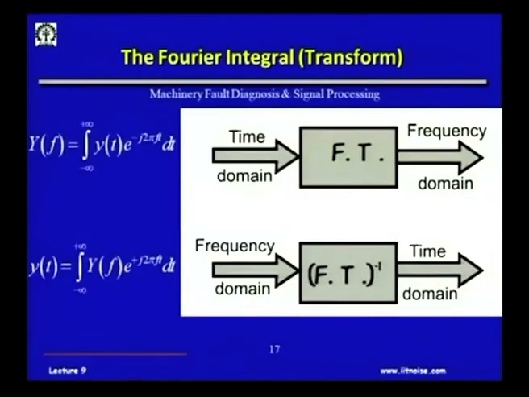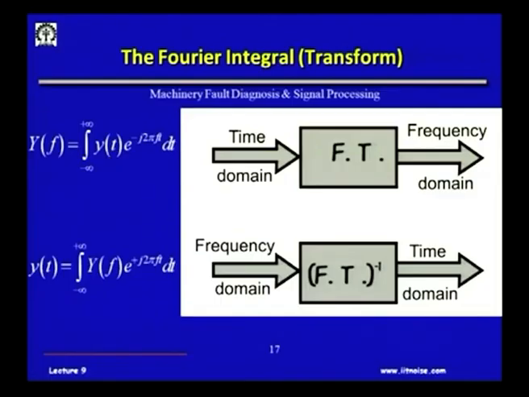And then if you look back here, this integration could be done numerically. Once I do this integration numerically, I need to have an estimate of the signal y(t) at every numerical step.